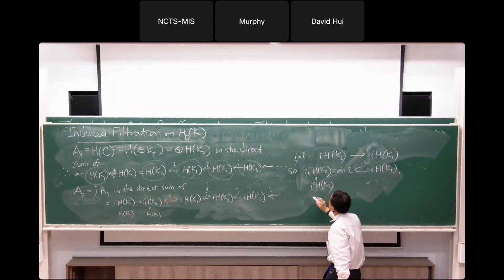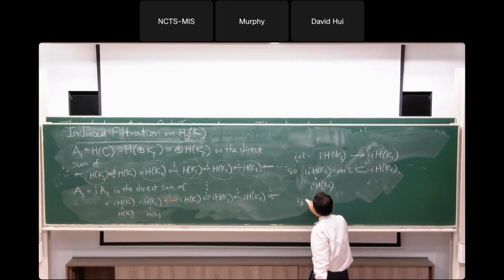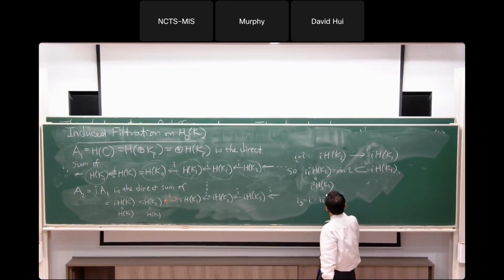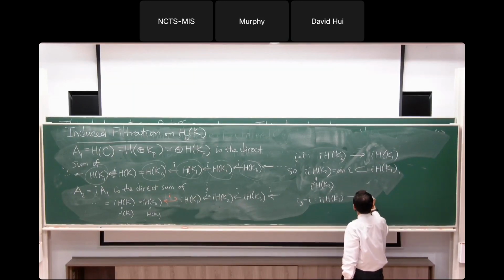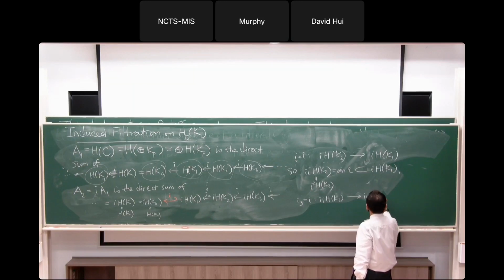And then if you look at I3, that's also I. That's going to go from I I H K2 to I I H K1.